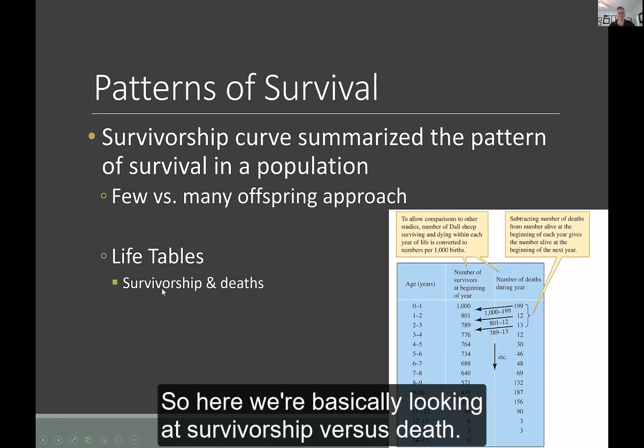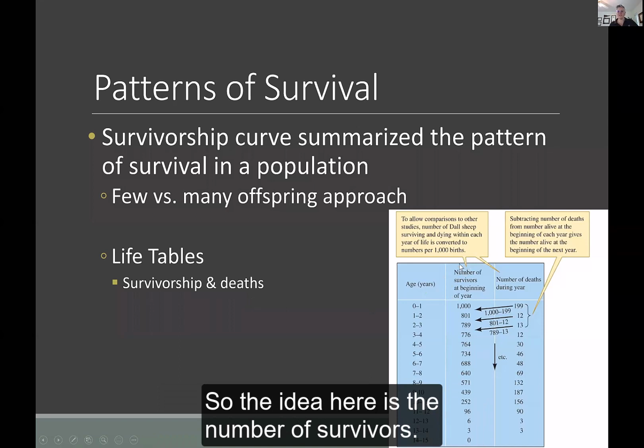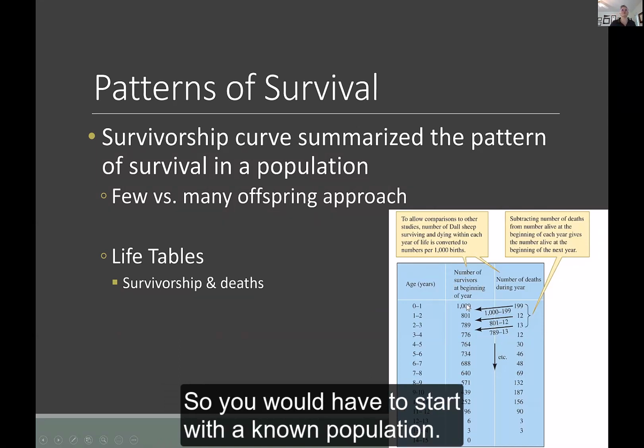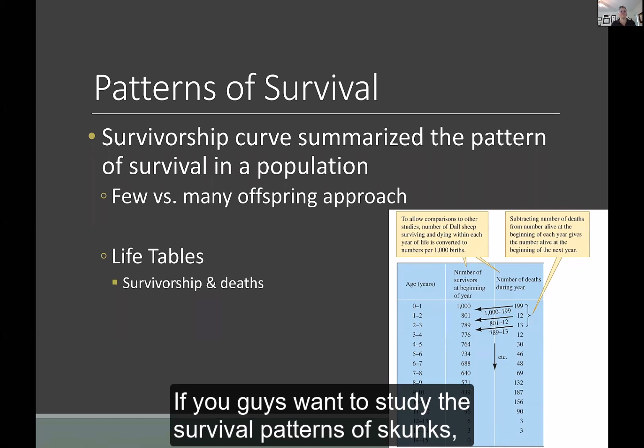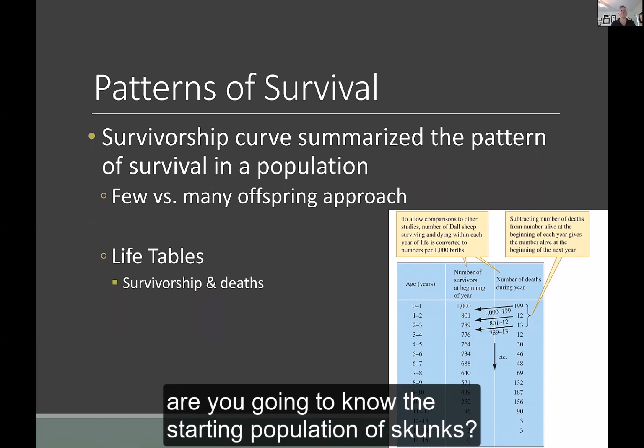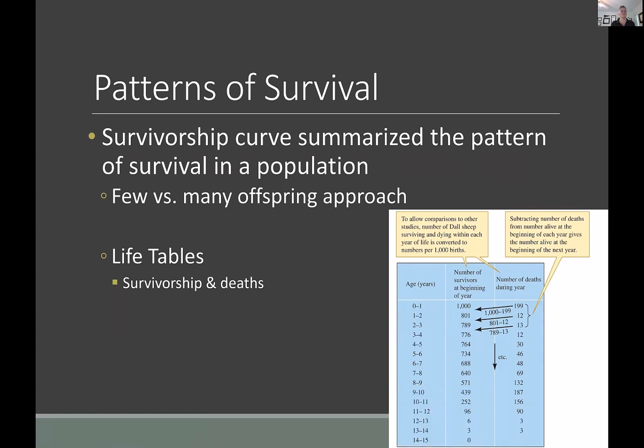So here we're basically looking at survivorship versus death. The idea here is the number of survivors, so you would have to start with a known population. If you want to study the survival patterns of skunks, are you going to know the starting population of skunks? Probably not.